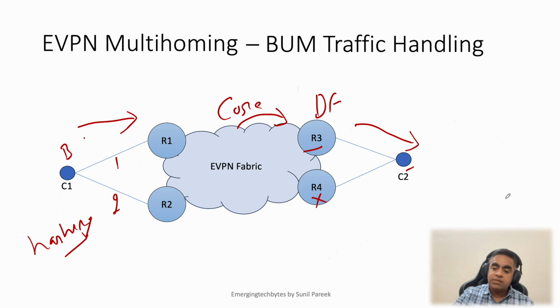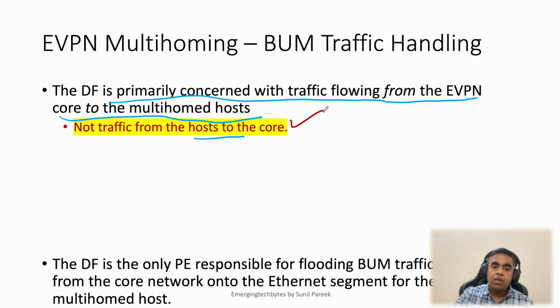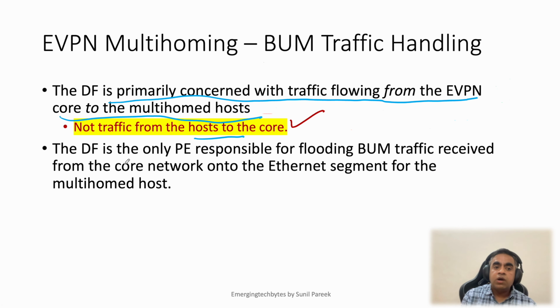I hope this makes sense. So let's just go back here. This was the key point that I wanted to emphasize in this video. The DF, designated forwarder, is the only PE responsible for flooding BUM traffic received from the core network. This point is important.